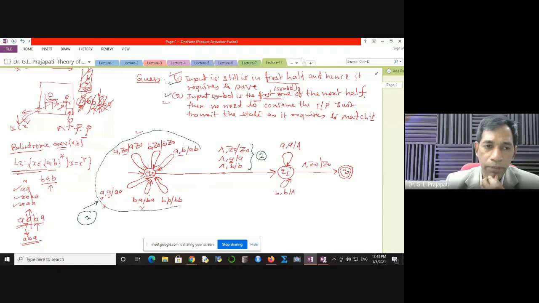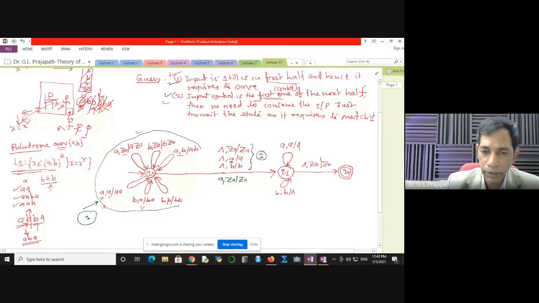Whenever you have a situation like this, the machine may think that, say, your input can be A, and for this input the machine thinks that this is the mid symbol of the second half. Then it reads this input and, without changing the top, transits the state.